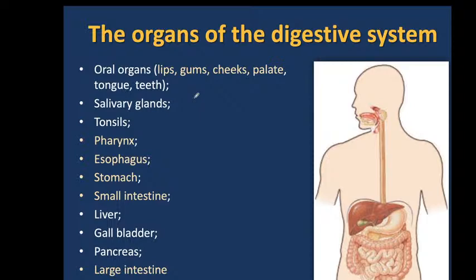I'd like to say that the digestive system is composed of two groups of organs. That would be the gastrointestinal tract, and the second part is the accessory digestive organs.